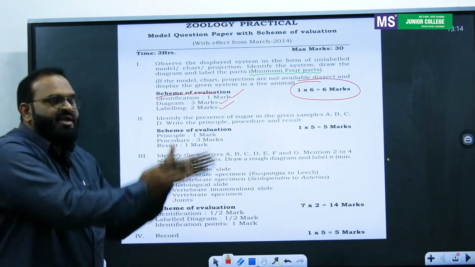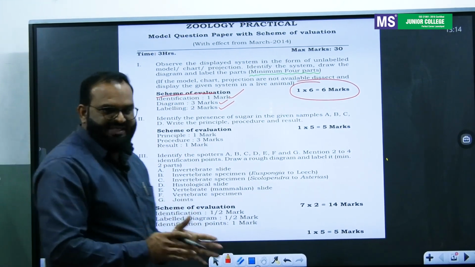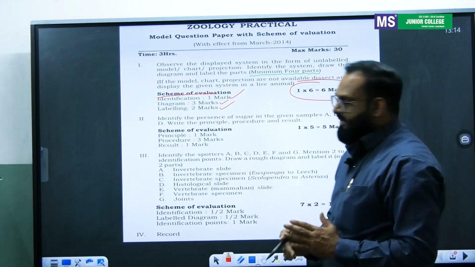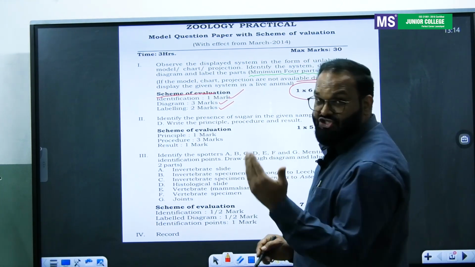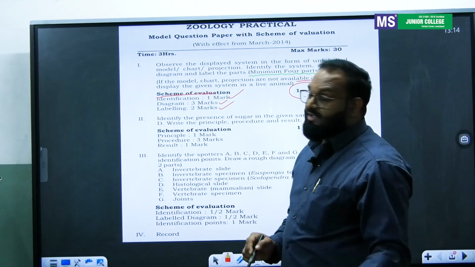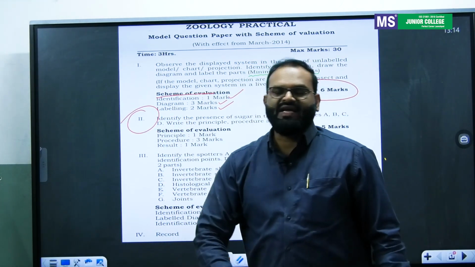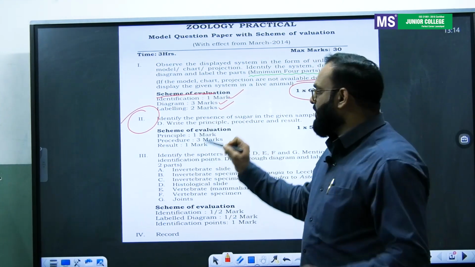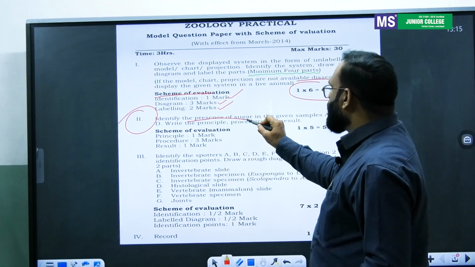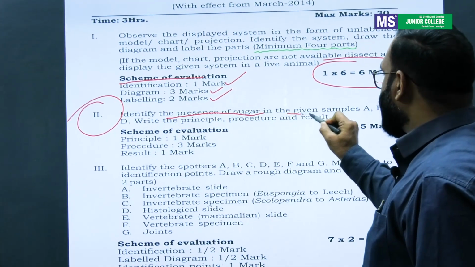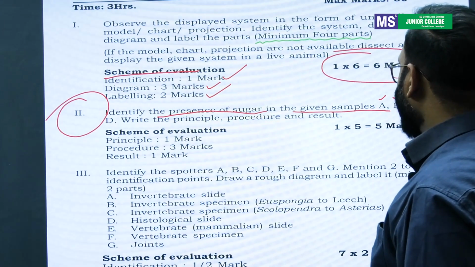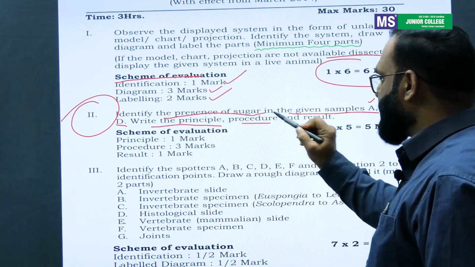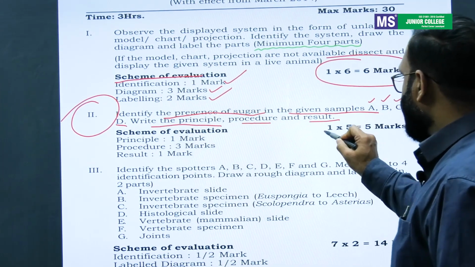So the moment you complete your first question, which is drawing the diagram and labeling, you have to turn the page, that additional sheet which will be given by the examiner, and go for the second important part. The question will be written already on the board: identify the presence of sugar, for example, in the given samples A, B, C, D. You have to write principle, procedure and result.